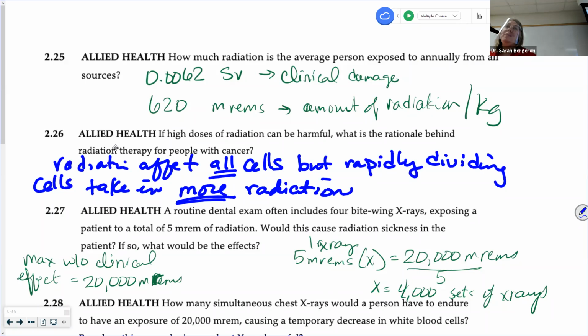So are cancer cells rapidly dividing cells? Absolutely. Are they the only rapidly dividing cells in our body? Oh, problem. Y'all tell me, what are some of the common side effects of radiation therapy? Stomach lining, your hair. Sometimes people have skin problems and nausea and vomiting, right?